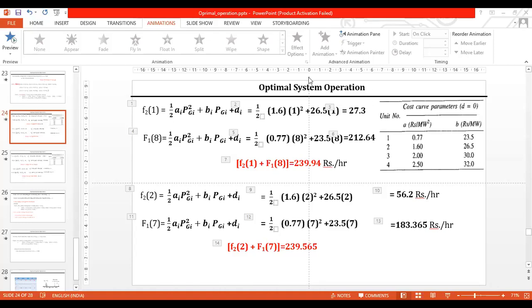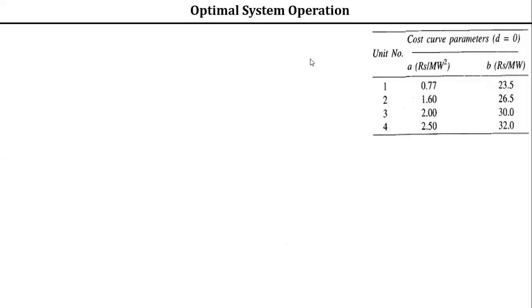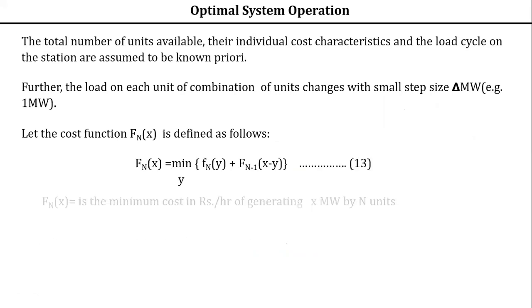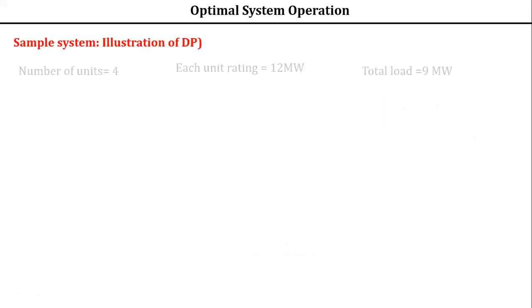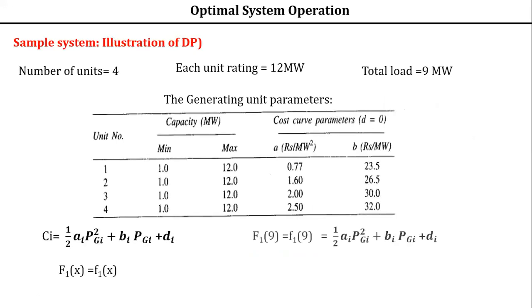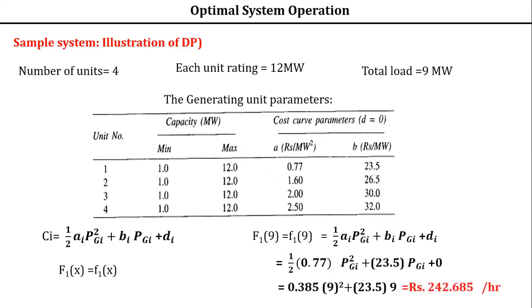That's what we have done in the morning, isn't it? For one unit, we got the value as 242.685 when one unit is operating.